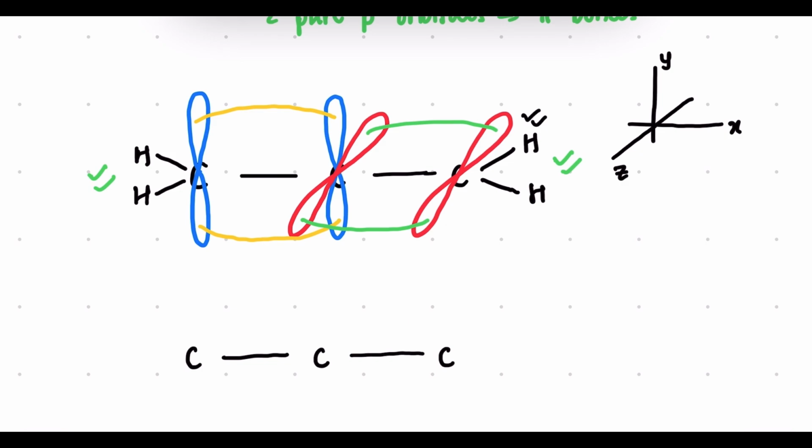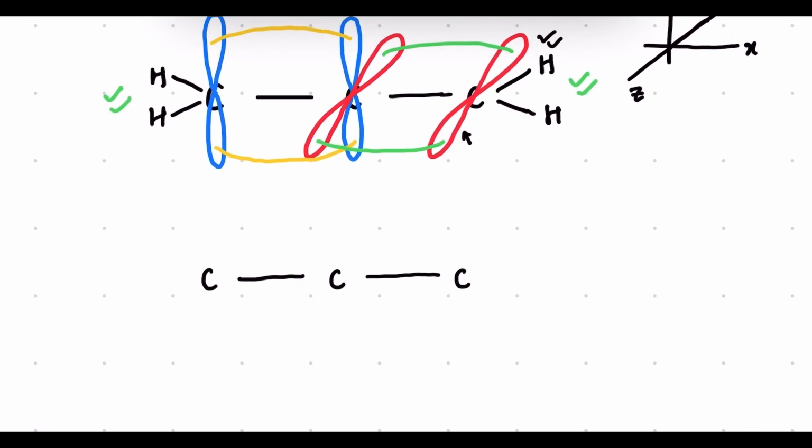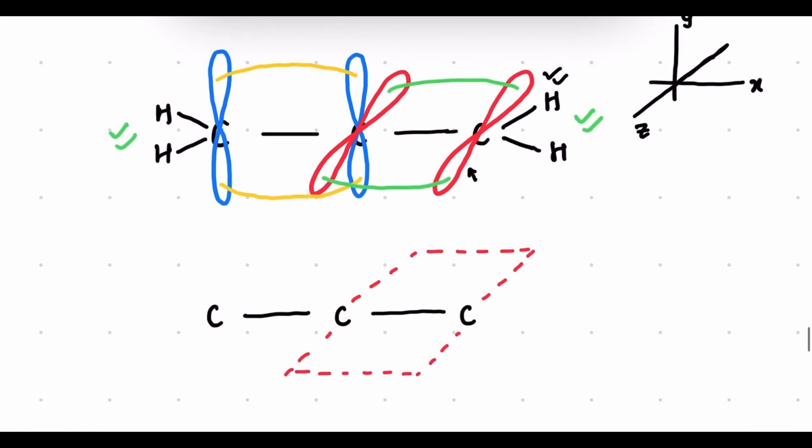So this one right here looks like it's along the z-axis. So I'm going to draw a plane that looks like it's in the z-axis, like that. Okay. Next, we're going to draw the one for the blue pi bonds.